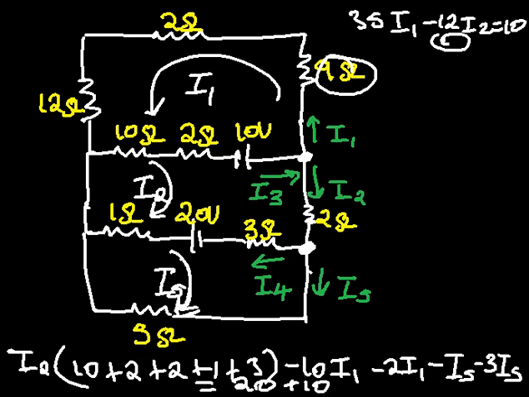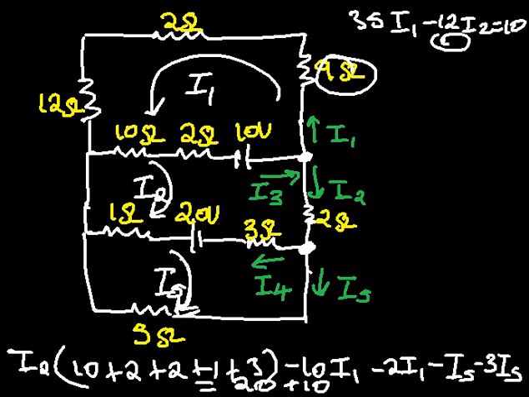Then I'll have to simplify that. And what will be that? Let's see. We'll have 10 plus 2 and plus 2 plus 1 and plus 3. That is 18.